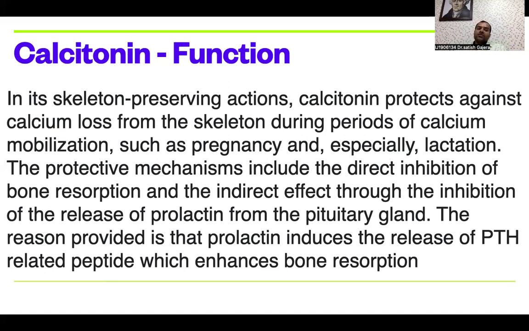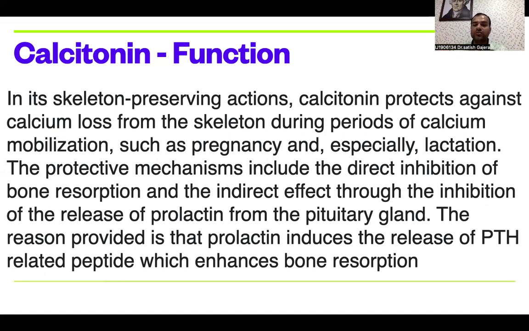While a lady is pregnant and lactating, serum calcium is increased because calcium is needed to produce milk. So calcium is mobilized from the bone to the breast gland to produce lactation. Prolactin is a major hormone that induces the parathyroid hormone, which increases the serum calcium and bone resorption.